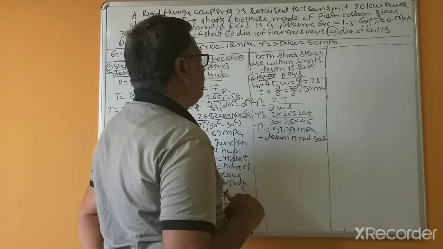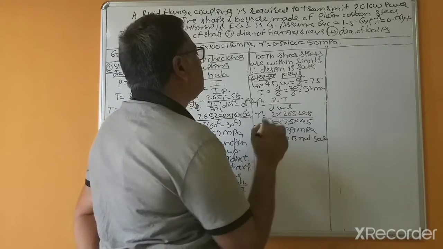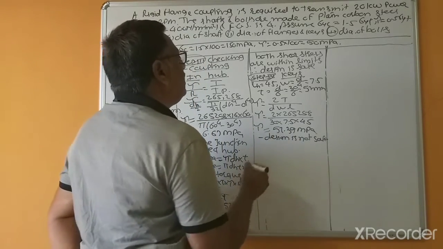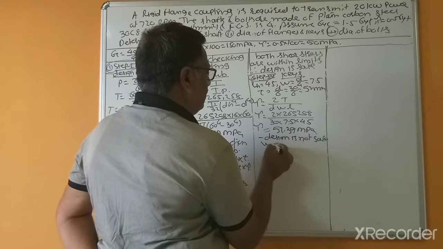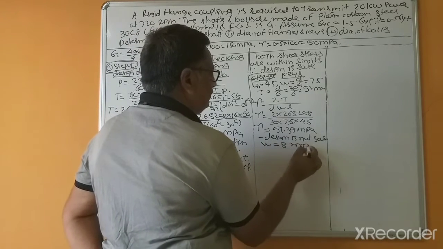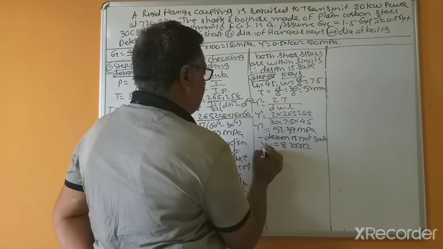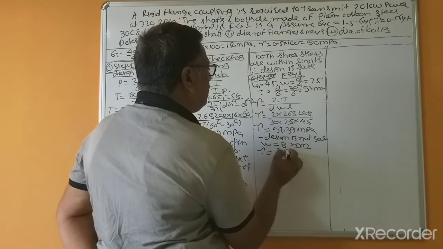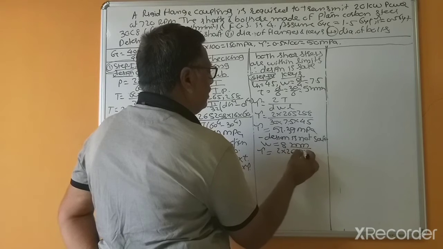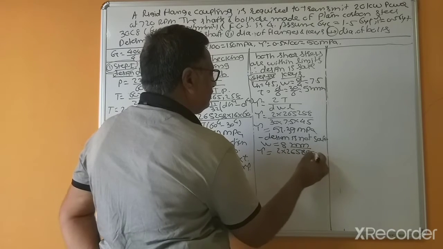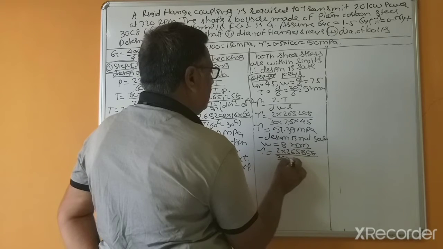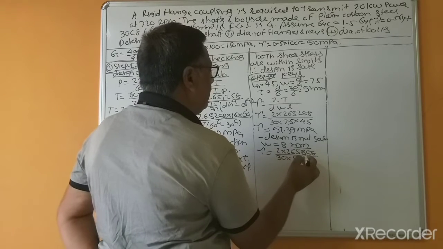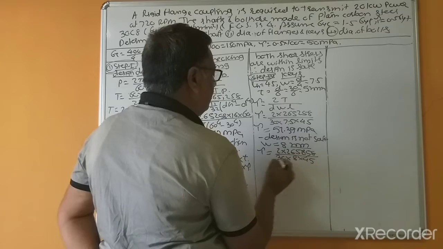Now we can increase diameter slightly, because here width is important. We can increase the width, W equal to 8 mm. We will check. 2 into 265,258 divided by 30 divided by 8 divided by 45.